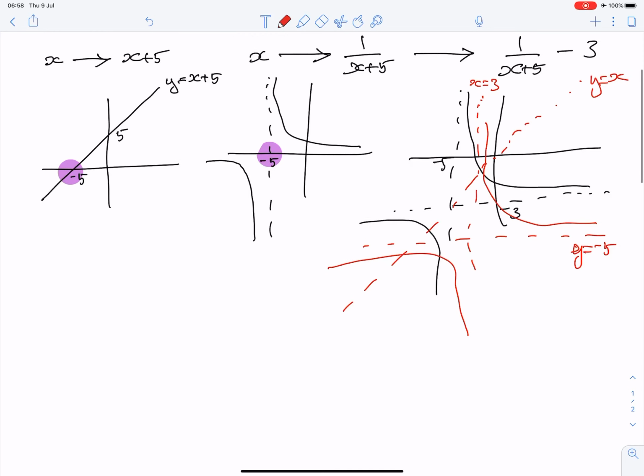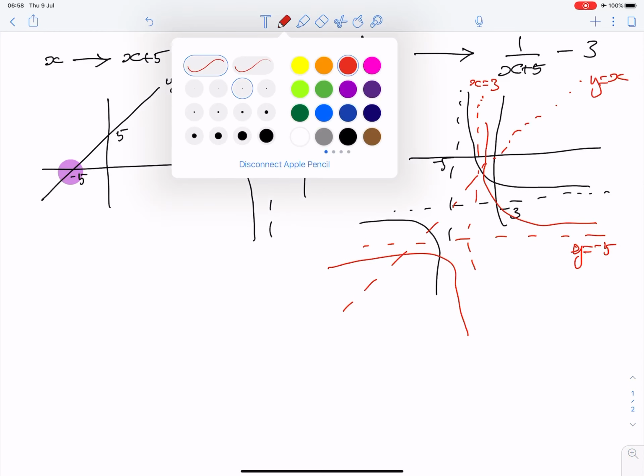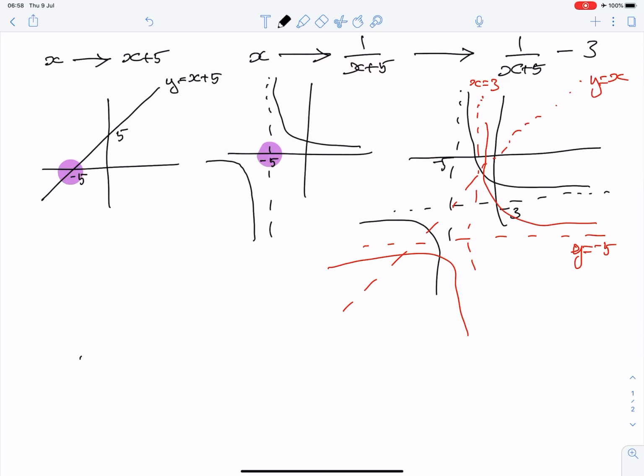So when we come to solve f of x equals f inverse of x, any point on the line y equals x hasn't moved because that was the line we were reflecting it in.